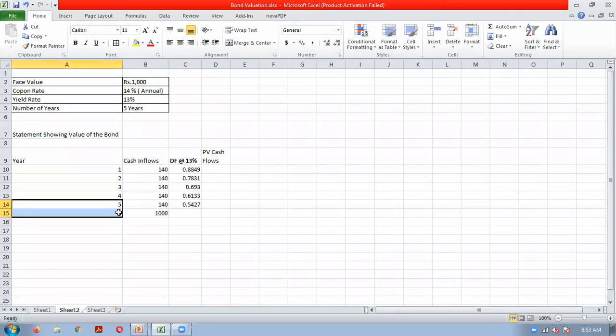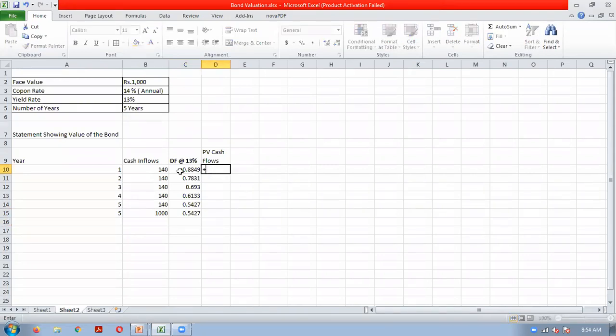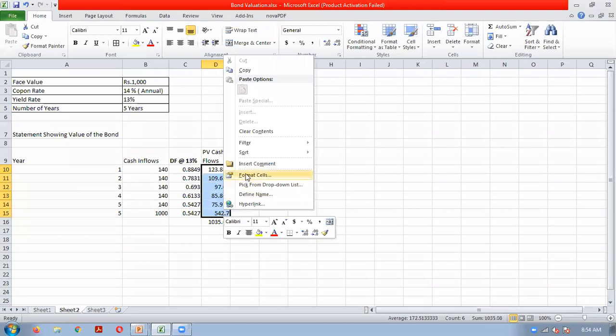So for the fifth year, both cash flows will have the same factor, 0.5427. So multiply each cash flow by the discounting factor to get the present value. Do this step, then add these. You will get the value of the bond.